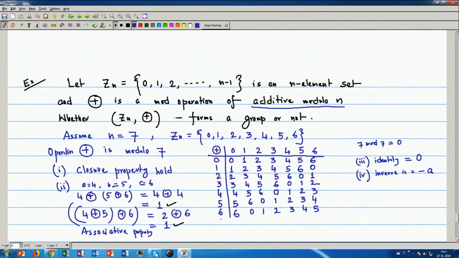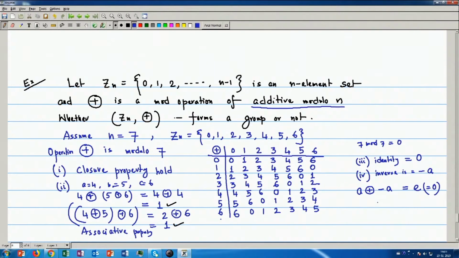So, we can take that, if I take A and minus A, this is equal to the identity element E. That means A minus A is 0, and it is my identity equal to 0.